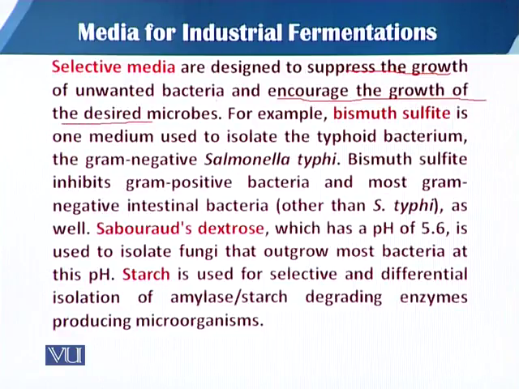For example, bismuth sulfite is one medium used to isolate the typhoid bacterium, the gram-negative Salmonella typhi. Bismuth sulfite inhibits gram-positive bacteria and most gram-negative intestinal bacteria other than Salmonella typhi. Another medium, Sabouraud dextrose medium, which has a pH of 5.6, is used to isolate fungi that outgrow most bacteria at this pH.